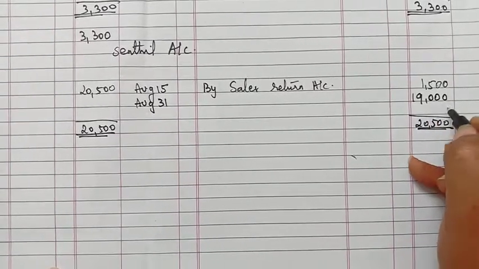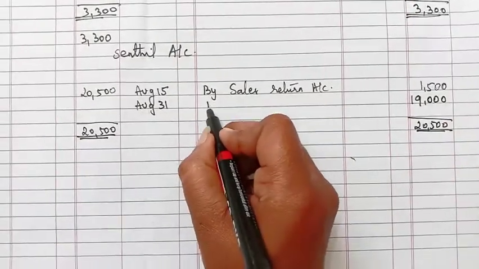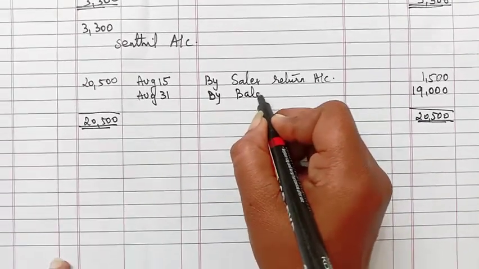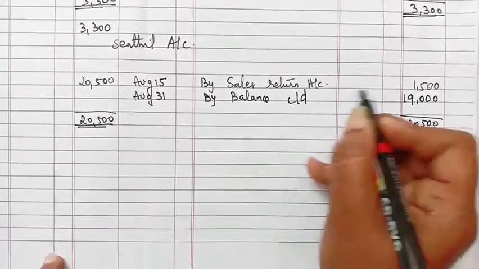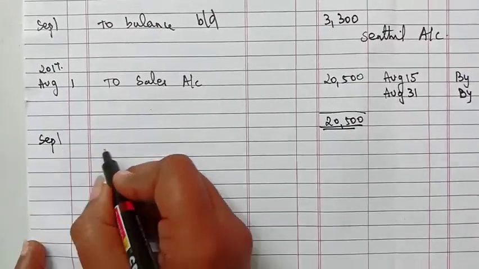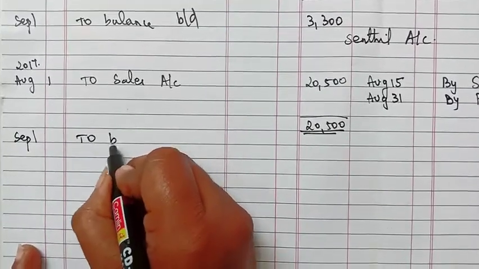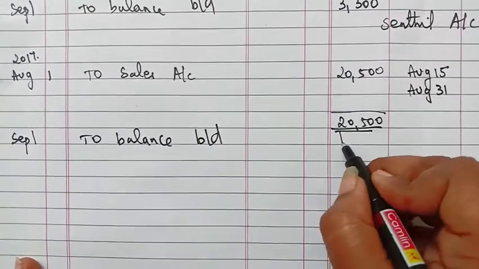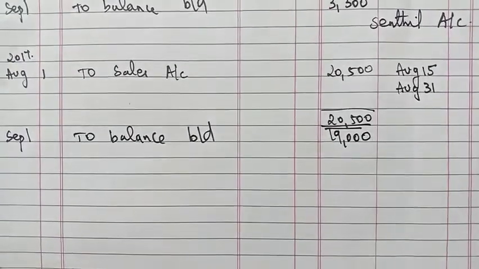Which side is lesser? That side will go, and we enter on the right, 31st August, by balance carry down. The same amount has to come in the debit side. We'll write September 1, to balance brought down, and the amount is 19,000.